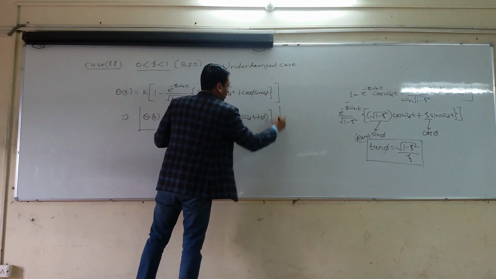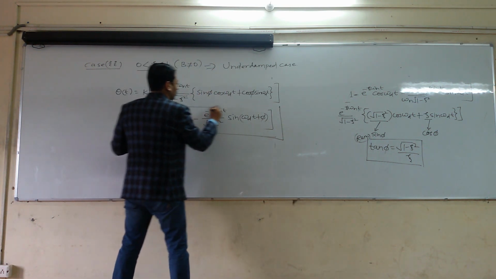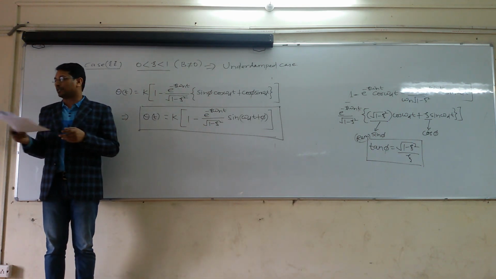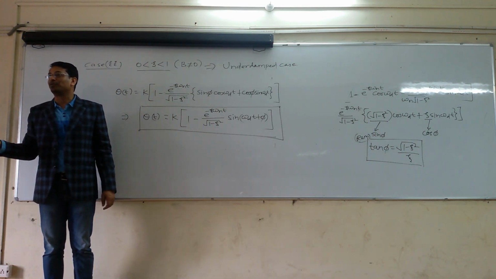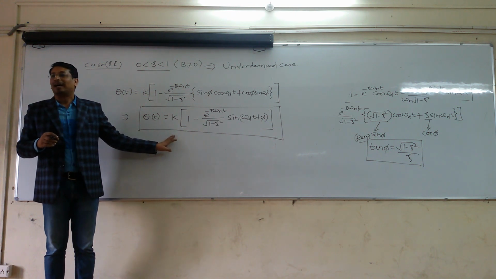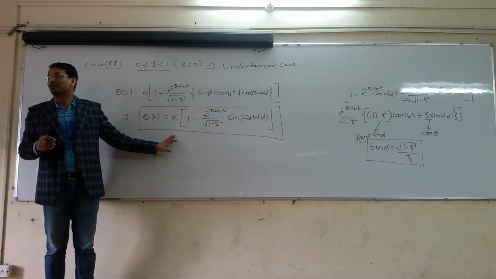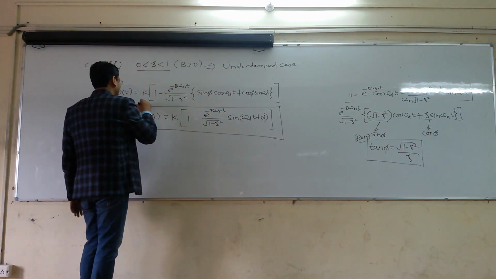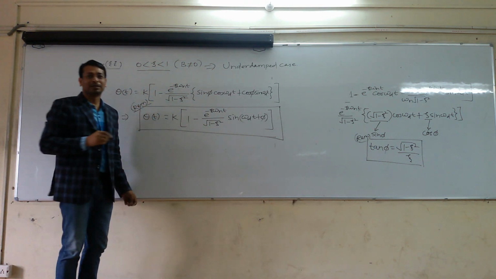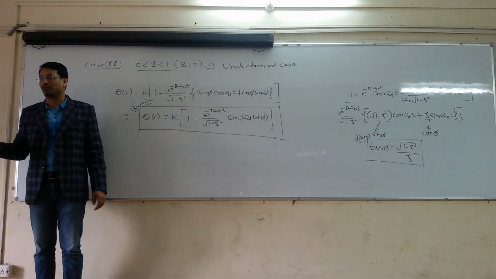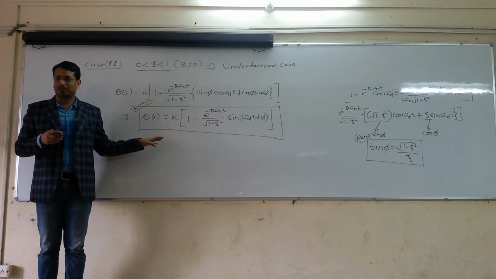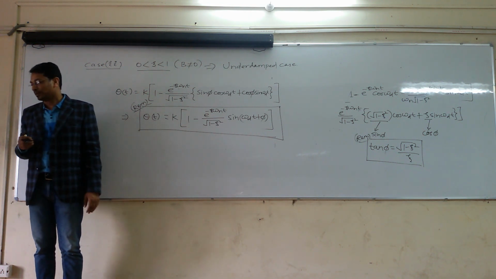This is your final response of a second order underdamped system with a unit step excitation. And this particular formula you also need to remember. The more you remember, the more you will score in the time response part. Even in competitions, they ask such questions which are directly based on the formula.